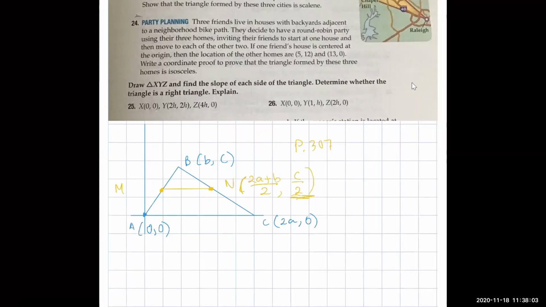Now, on the other side, you guys have m. And m is the midpoint of AB. So can you guys tell me, what do you think the coordinate point is for m if it's the midpoint of AB?